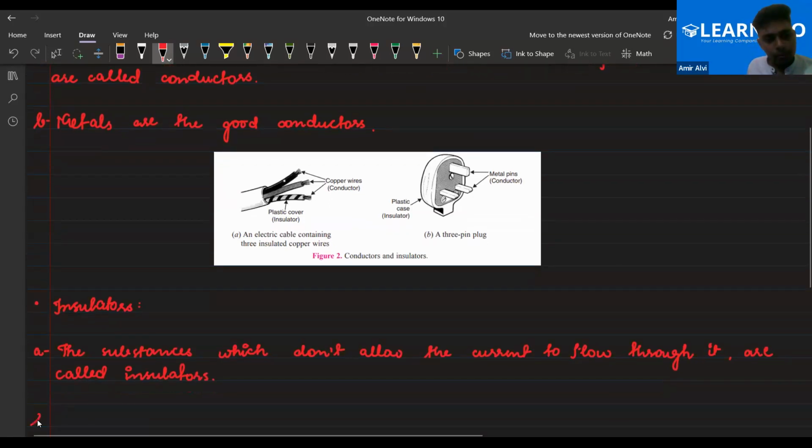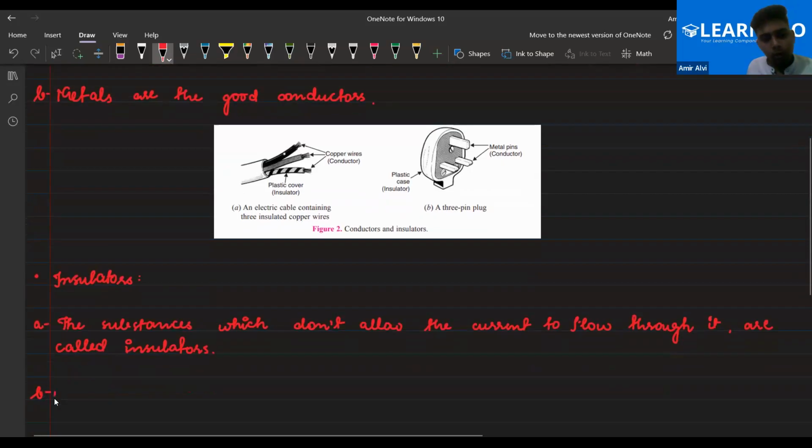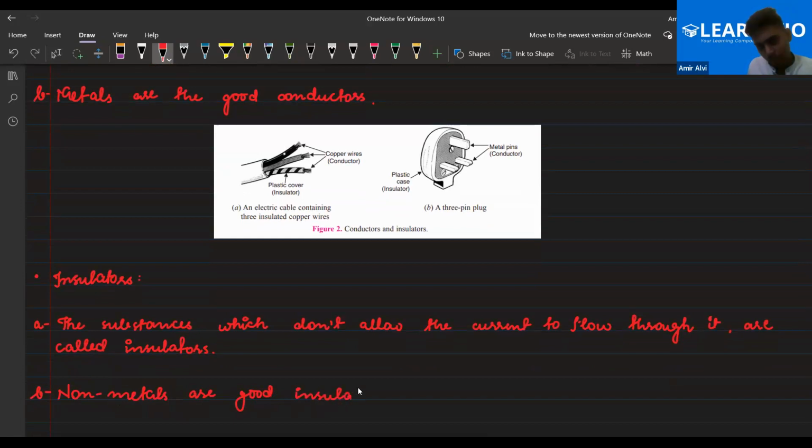Examples of insulators are non-metals, which are good insulators. Clear, everyone?